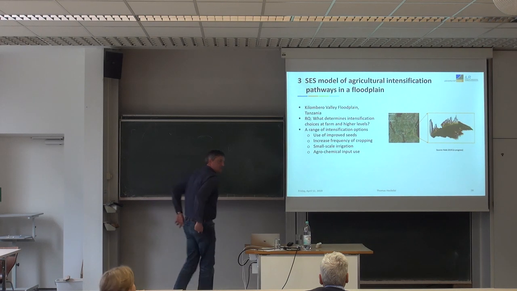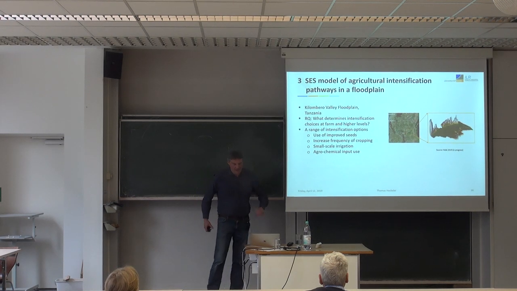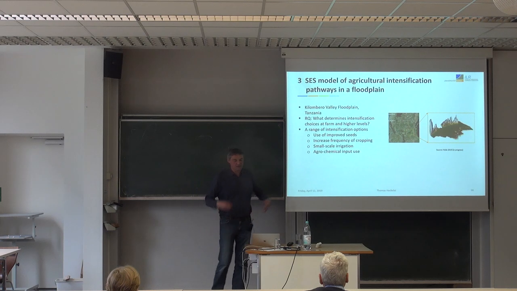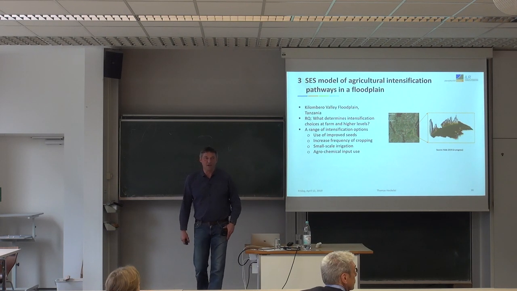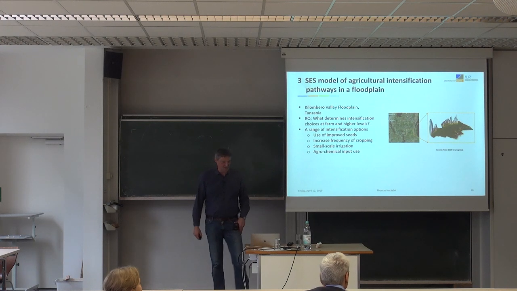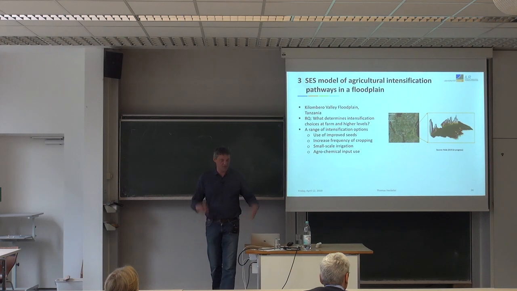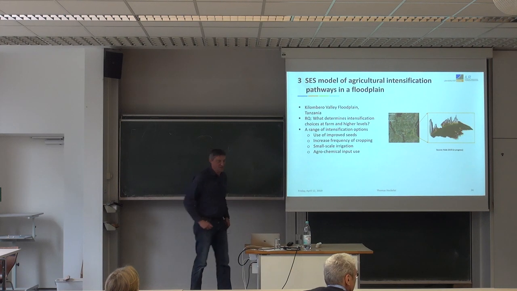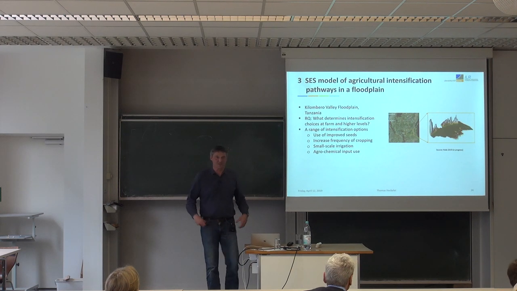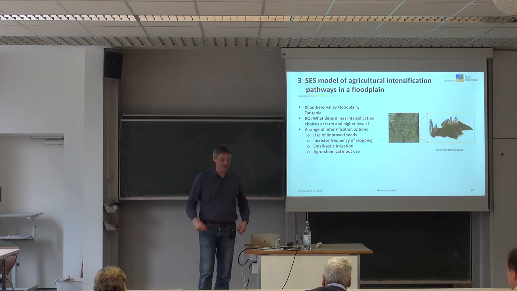Another example for such an ABM model is here in Tanzania. It's a model of agricultural intensification pathways in a floodplain, the Kilombero floodplain in Tanzania. So the question is, what determines intensification choices at farm and higher levels? We see a direct connection to PhenoRob.